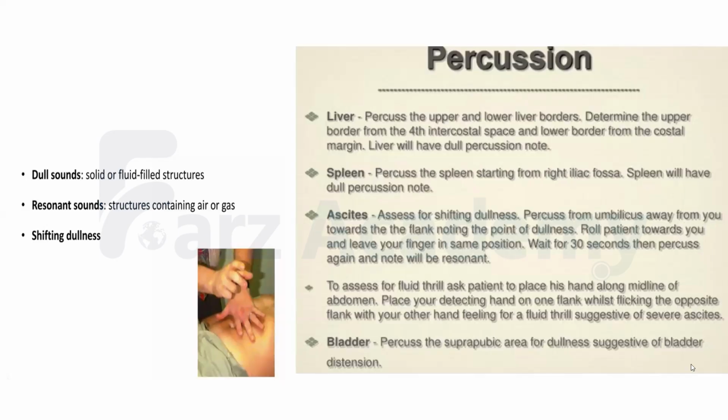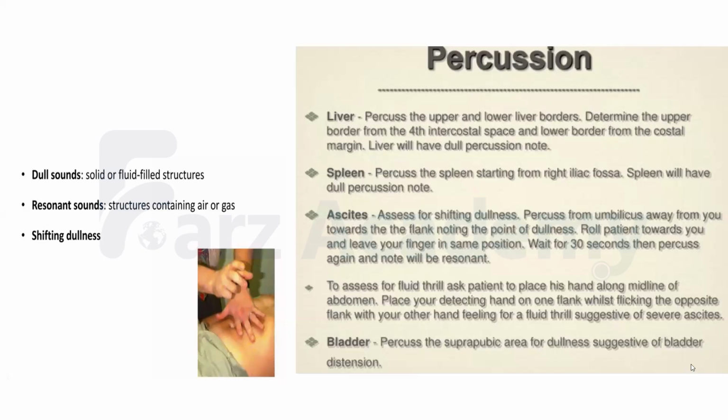You have to check for ascites, assess for shifting dullness, percuss from umbilicus away from you towards the flank, noting the point of shifting dullness. You have to then roll patient towards you and leave your finger in the same position, wait for 30 seconds, and then percuss again.